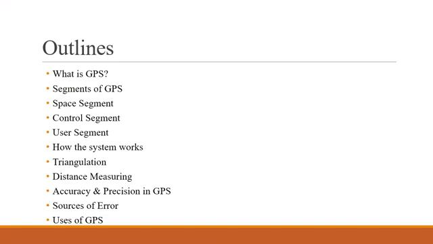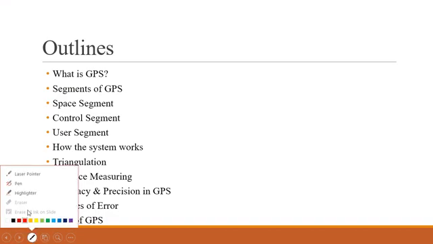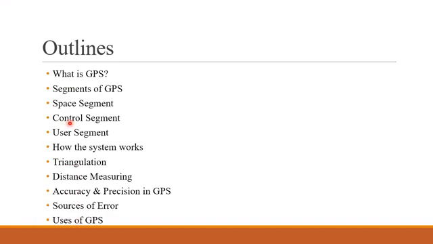A little bit of revision is necessary. What is GPS? GPS is a global positioning system which is based on navigation satellites. So here are three segments of GPS. That is space segment, meaning space vehicles are known as the space segment.